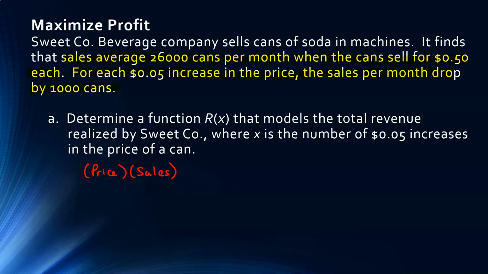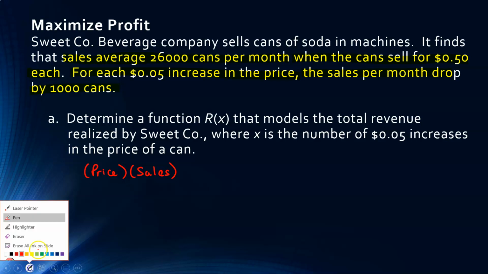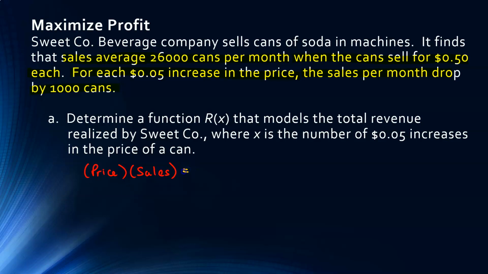So that's how we would figure out the revenue. Okay, so let's think about that even further. The price, we're going to refer to this as the price after a certain number of increases.